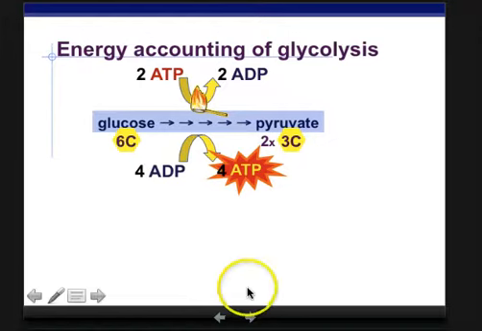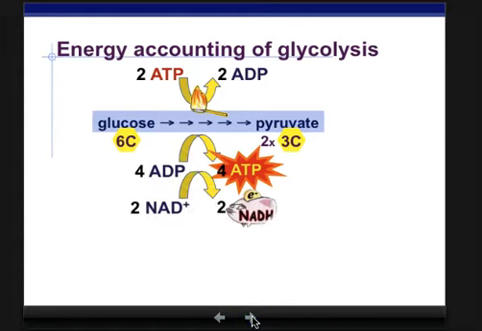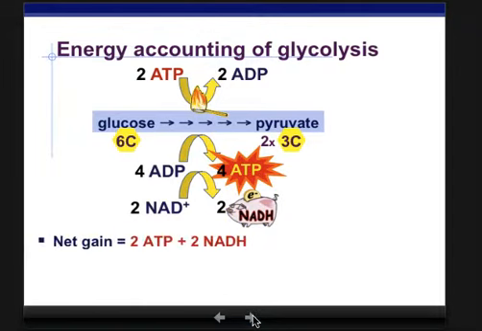Okay, we are gaining along the way. We convert 4 ADPs to 4 ATPs. All right, we get 2 piggy banks out of it. We convert 2 NAD pluses to 2 NADHs. So when all is said and done, our net gain is 2 ATP and 2 NADHs.